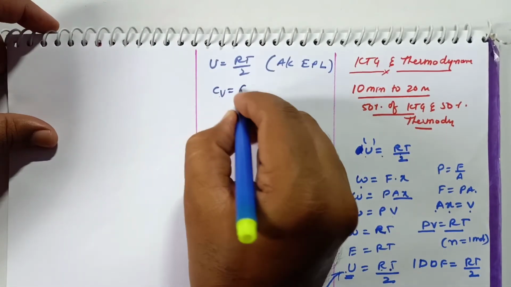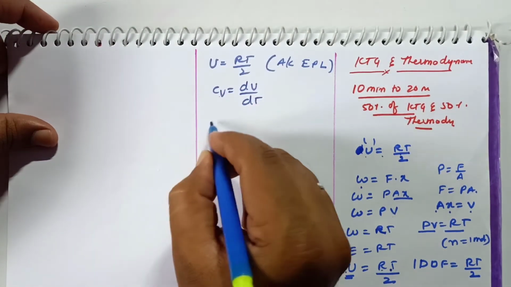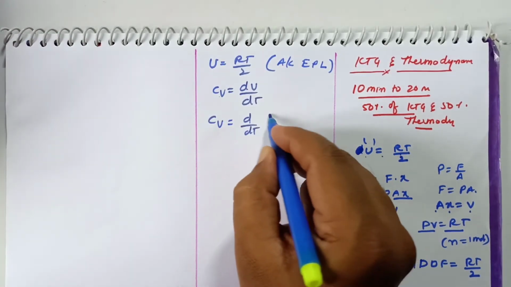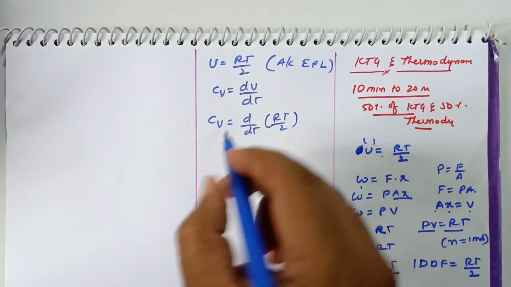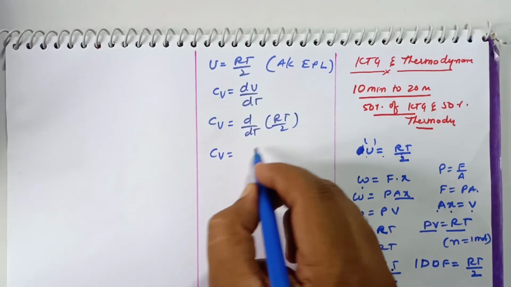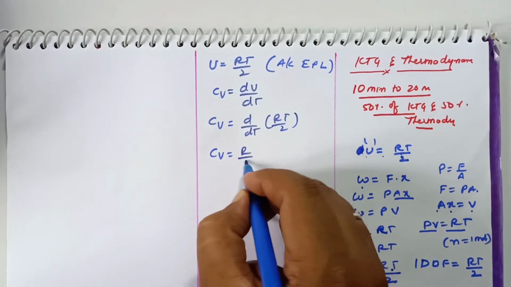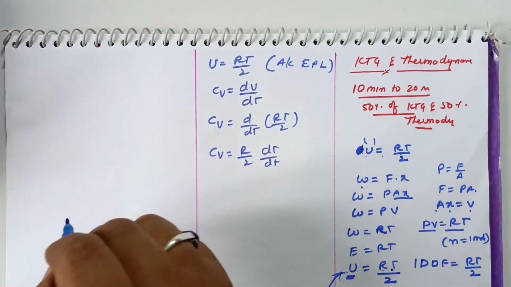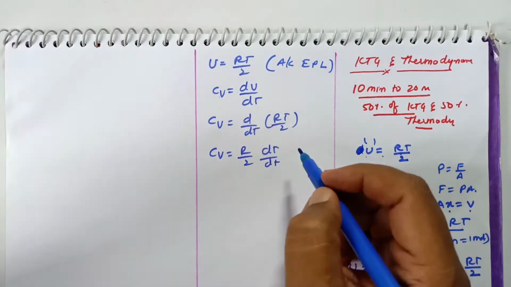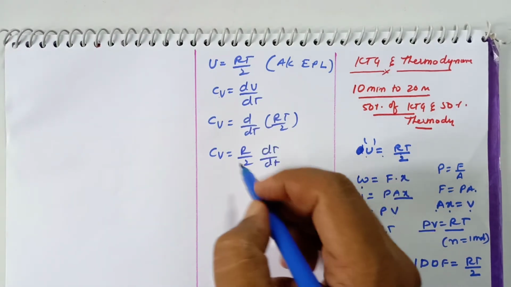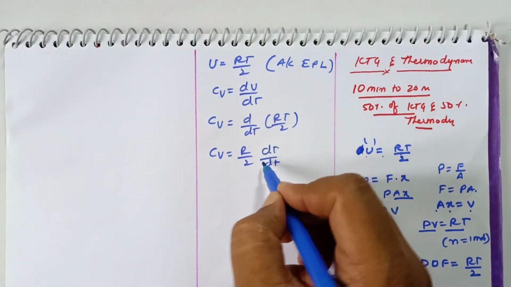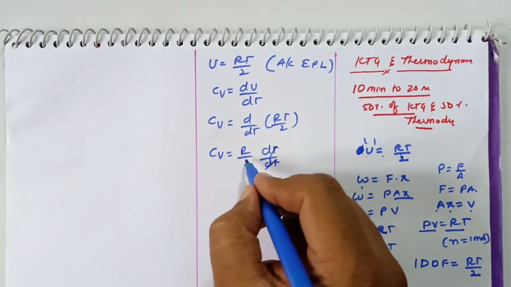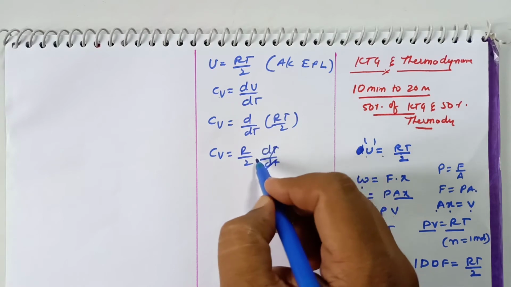Cv is equal to dU by dT. You can take Cv as d by dT of RT by 2. Therefore, since R is constant, R by 2 can be taken outside, and you can write dT by dT. Therefore, Cv is equal to R by 2.